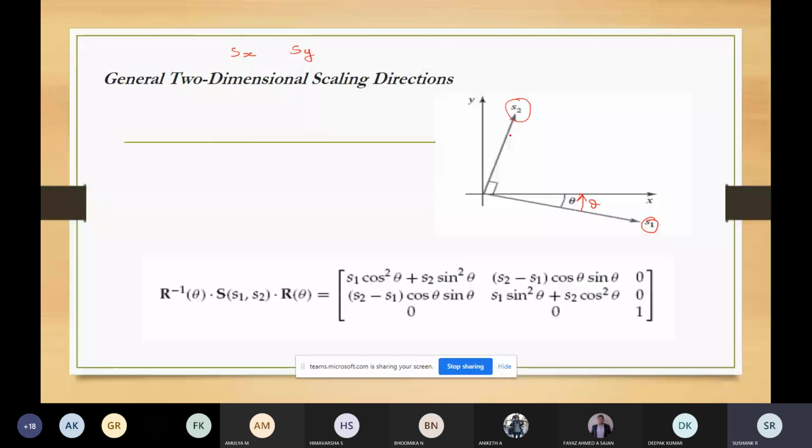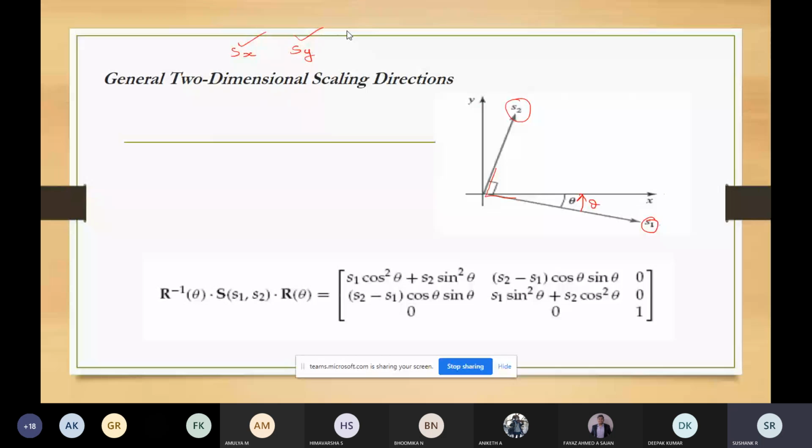You can scale the object in other directions by rotating it to align with the coordinate axes. Meaning here I should rotate this object by an angle theta, such that s1 will coincide with the x-axis and s2 will coincide with the y-axis. Then you can perform the scaling along sx, sy.